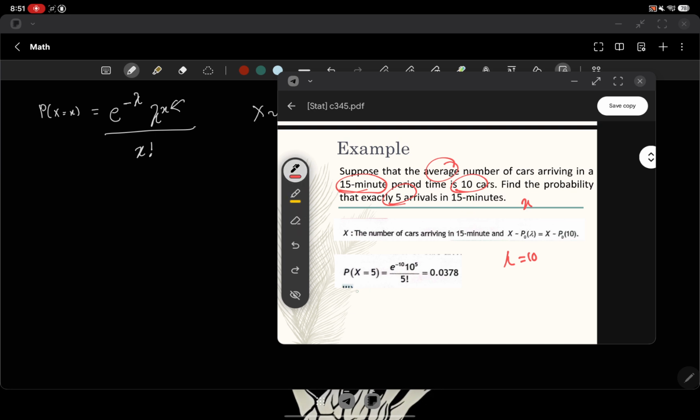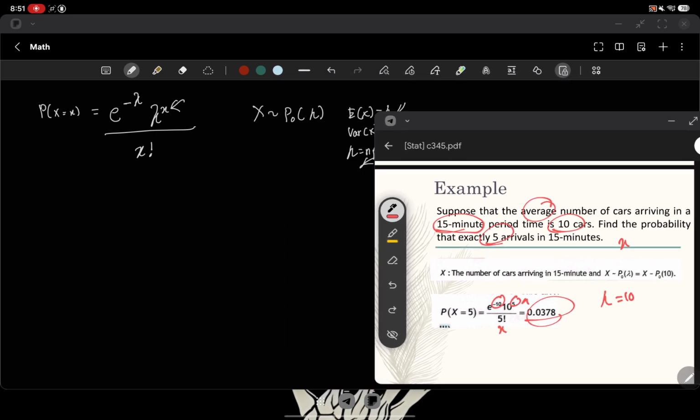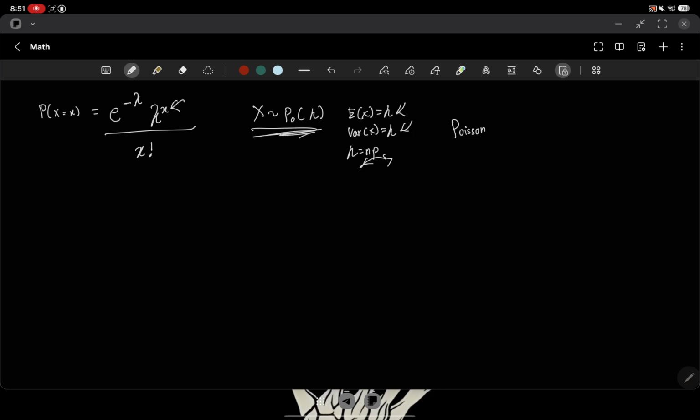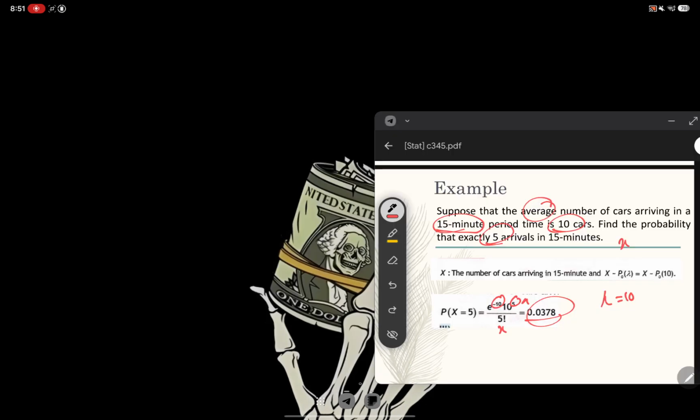If we plug in, we will see it's e to the negative 10, and then this is our x, and this is our x factorial, so this is the answer. And if you noticed, this is how we write it, and the exact writing method is shown here.